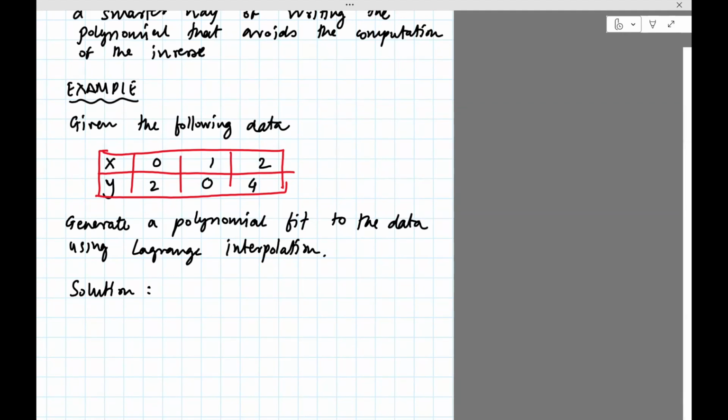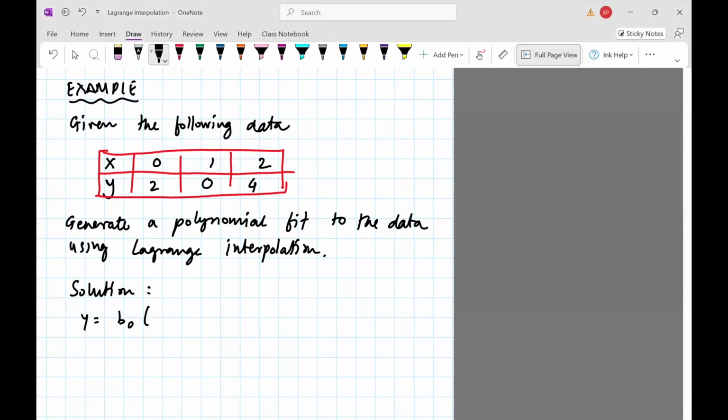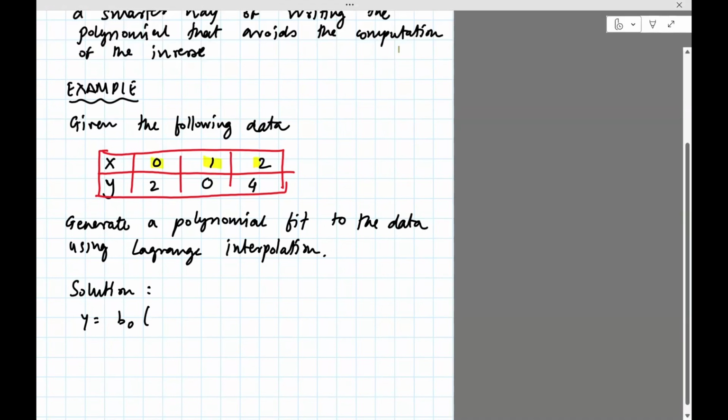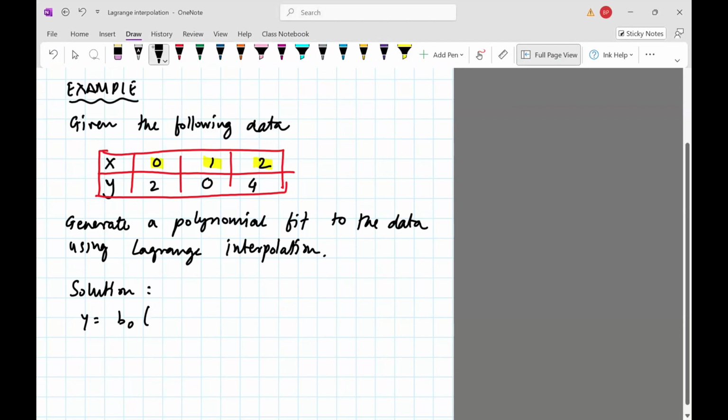So what Lagrange interpolation does is it writes a second order equation in this fashion. It says it's A0. You know what? Let me use a different index not to confuse you with the A's. So what we'll do is we'll take 0, 1, and 2, all combinations of 0, 1, 2 in pairs of 2.